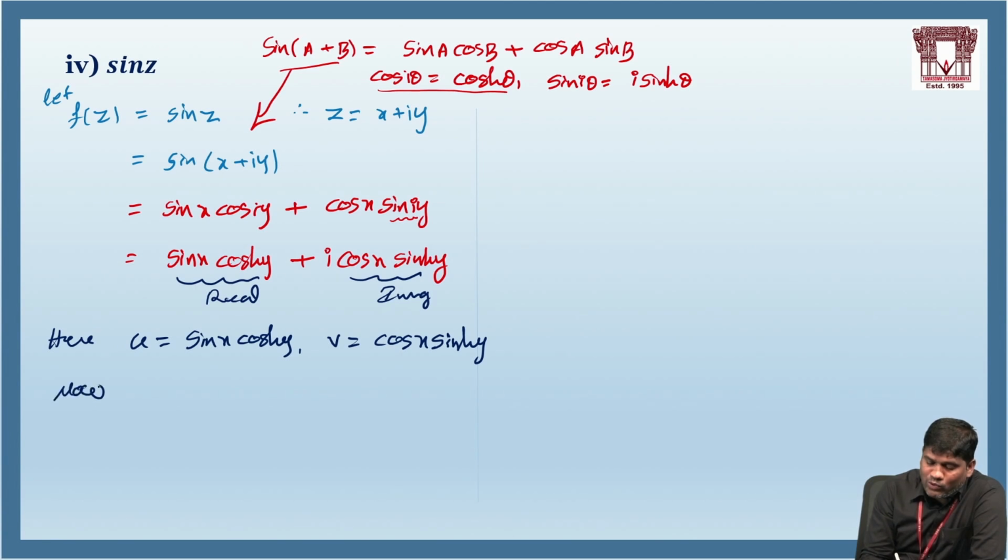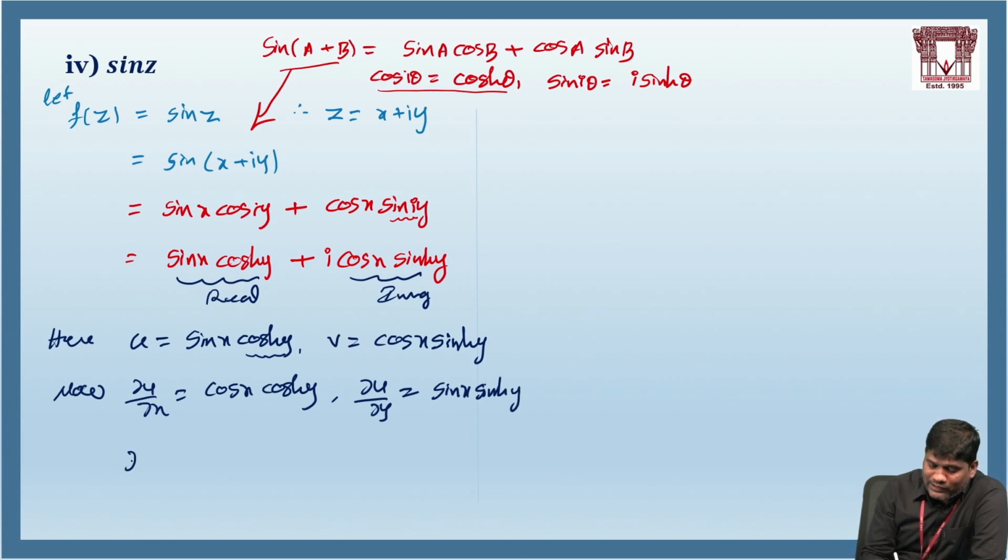Now we have to write the partial derivatives of both these functions. Dou u by dou x, derivative of sin x is cos x into cosh y as it is there. Then dou u by dou y, derivative of cosh y is sinh y, so sin x into sinh y.